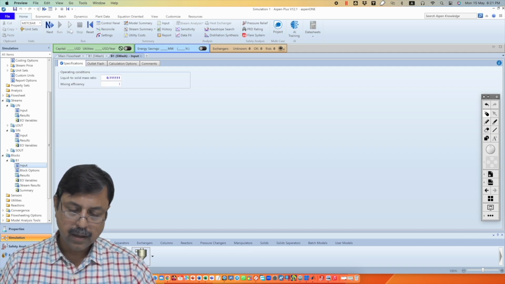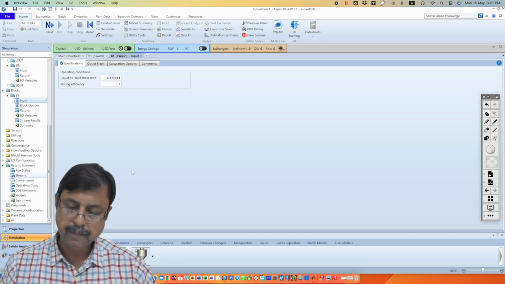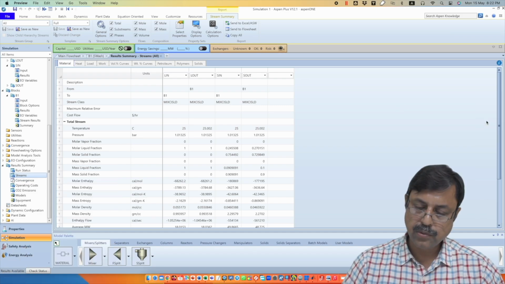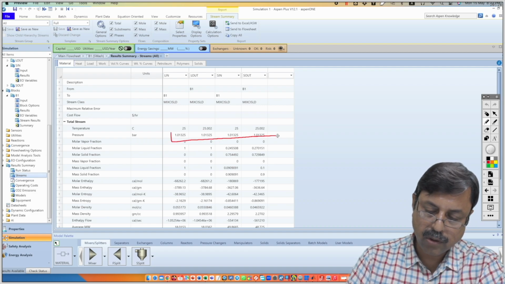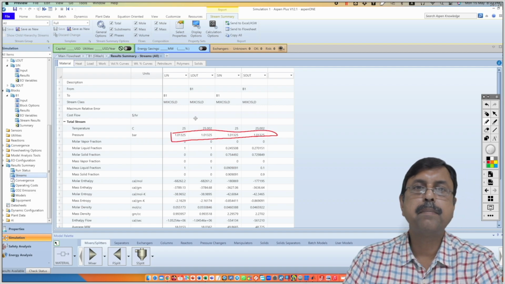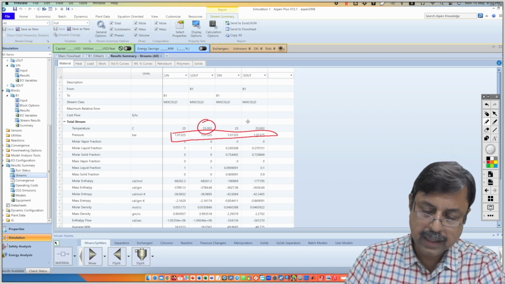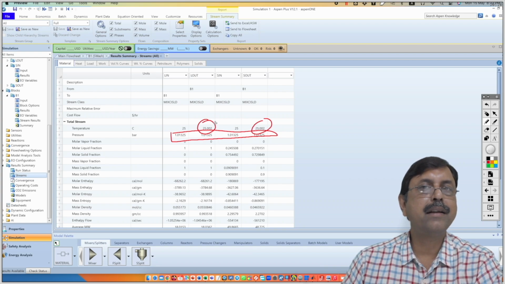Now go to the results summary, streams. The first thing that you have to check is the outlet stream. Obviously it is operating at 1 atmosphere pressure. The pressure has not been changed, but the temperature is slightly changed because it is an adiabatic system.